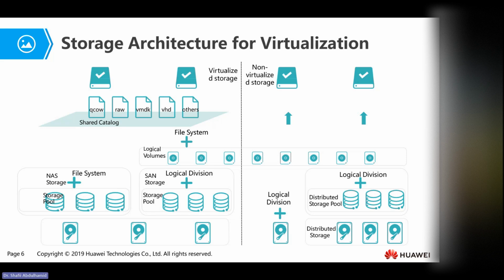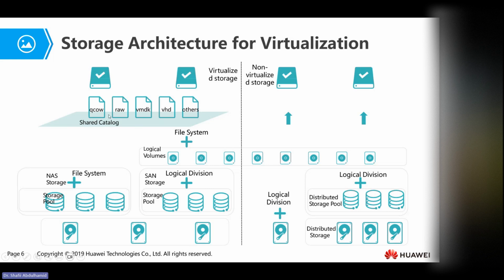Very good. The shared catalog basically is the space where users can store different types of files. If you check up there, you will see different types of information in there, okay, QCOW, raw information, VMDK information, VHD information, and other information.